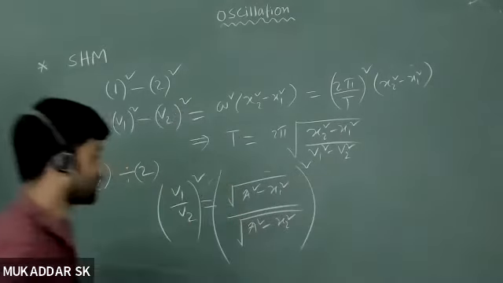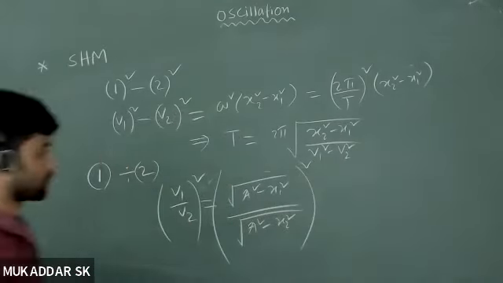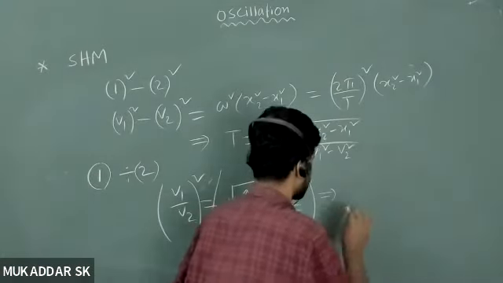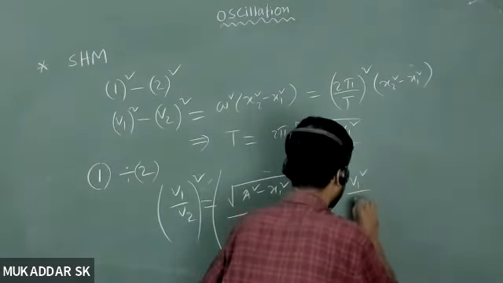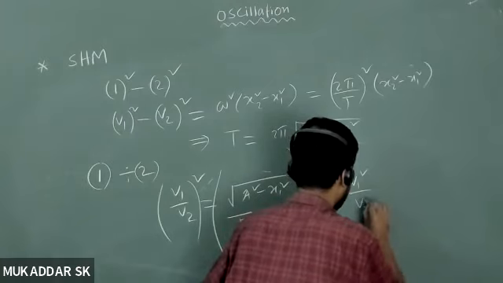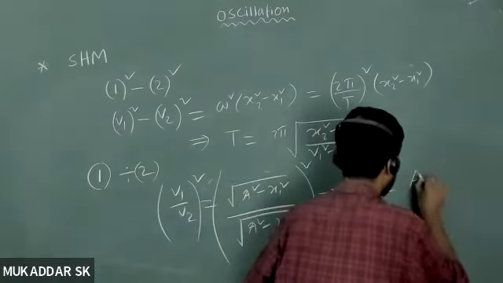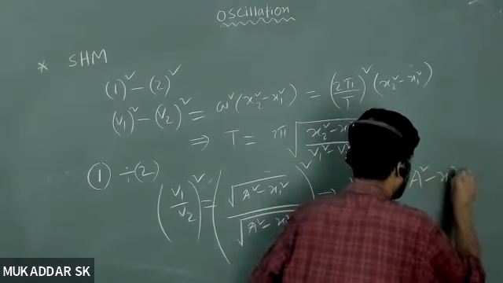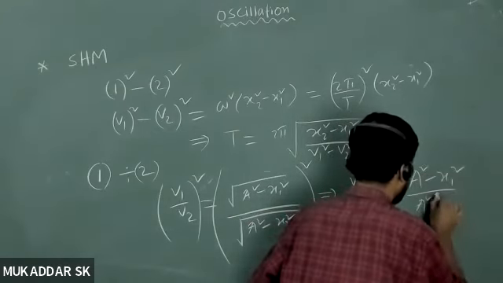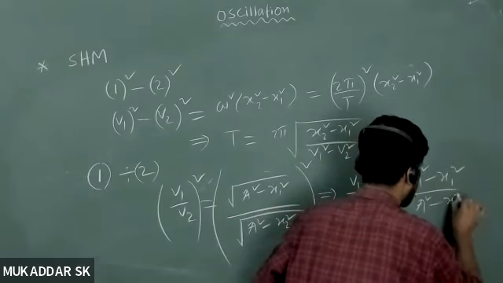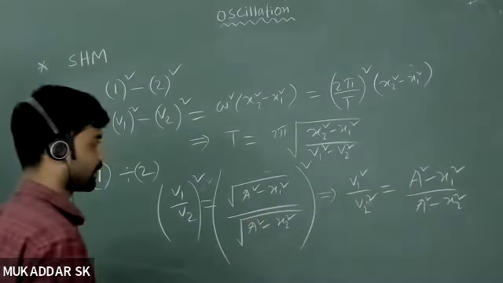both sides, then how much will you get? v1 square by v2 square. That will become a square minus x1 square divided by a square minus x2 square, right?